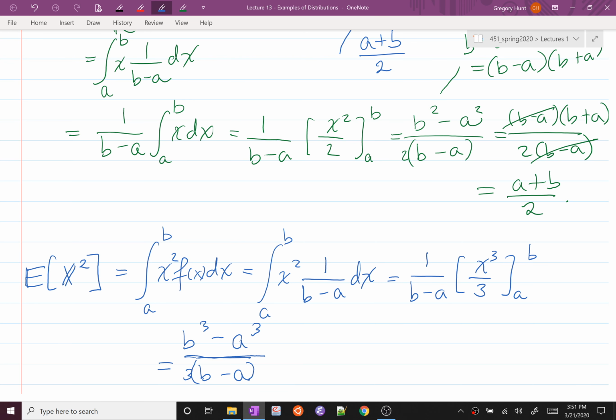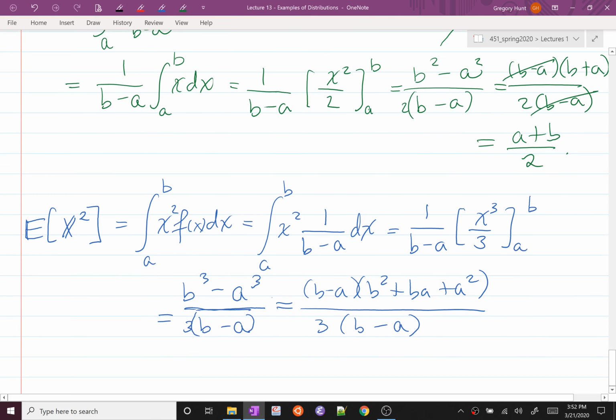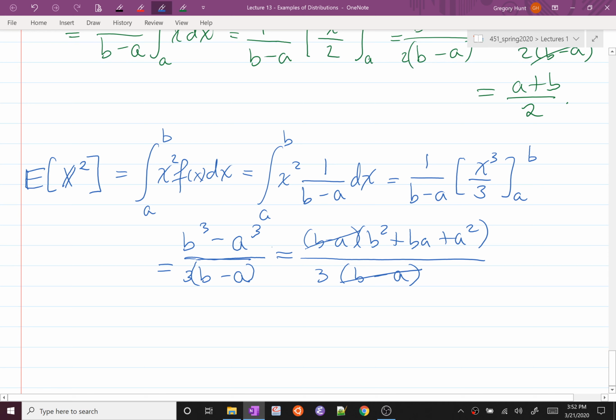You have to remember the formula for the difference of cubes, or look it up at least. It can be factored as b minus a times b squared plus ba plus a squared. We still have a 3 and a b minus a in the denominator, and we get some cute cancellation. So we get b squared plus ba plus a squared over 3.